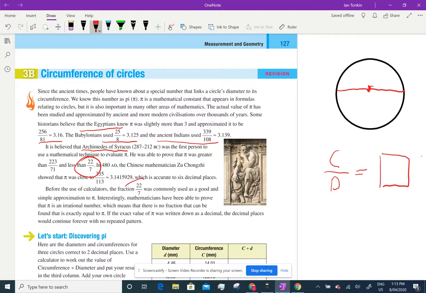And that is what was most commonly used to find the circumference of any circle, or indeed later on the area. It is worthwhile noting that the Chinese gave us this approximation, which is more accurate.